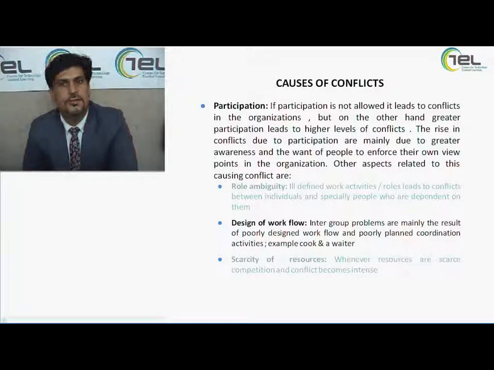We have an example of a cook and a waiter. Suppose a person walks into a restaurant and gives an order. If the flow of this task is not proper, which means the waiter does not take the order properly, or does not pass it on to the cook properly with all the instructions, or the cook does not follow the instructions properly, and the waiter serves the food and the client does not like it, it's a problem of workflow.